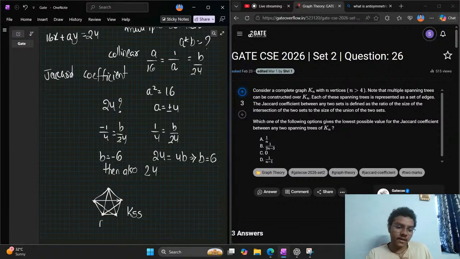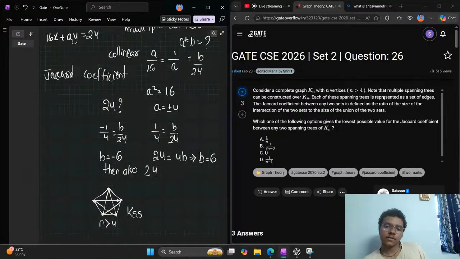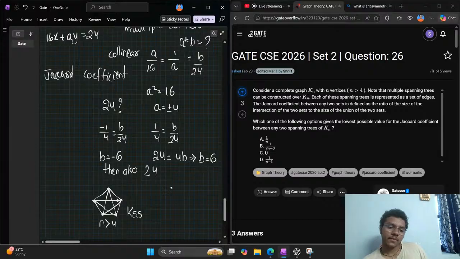Okay, n greater than 4. So okay, I took that subconsciously. I did not even see that multiple spanning trees. So yes, multiple spanning trees exist. For example, this is a spanning tree. This is a spanning tree, etc., etc.